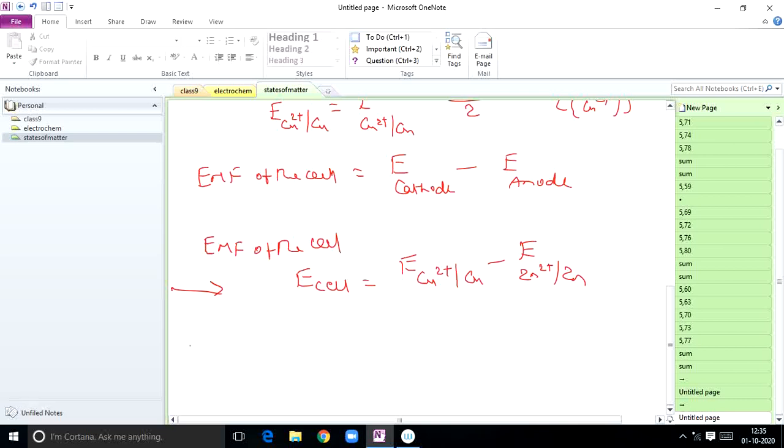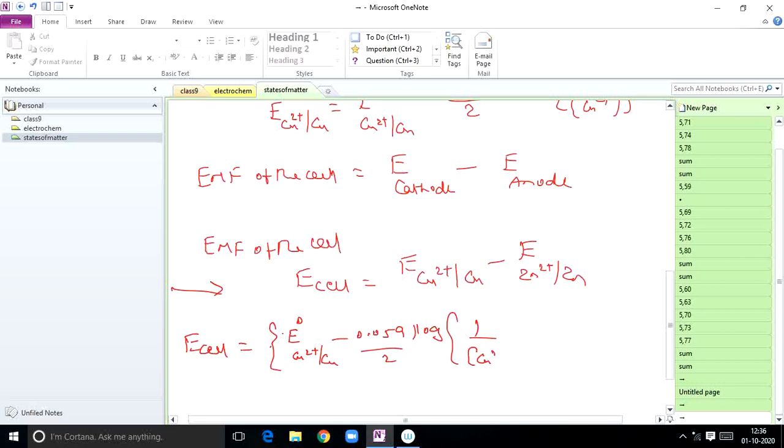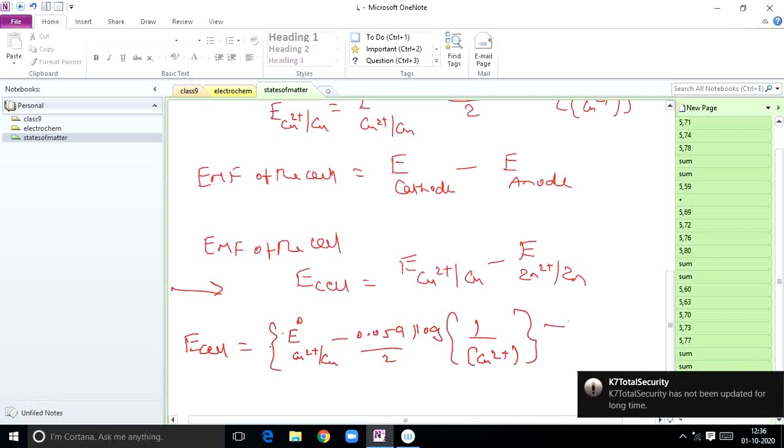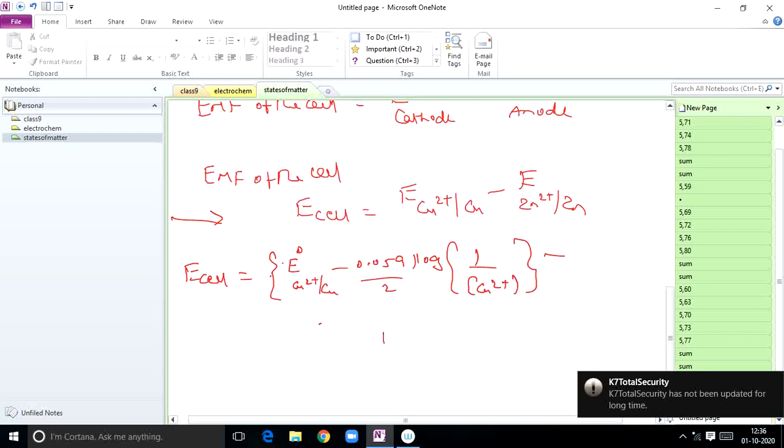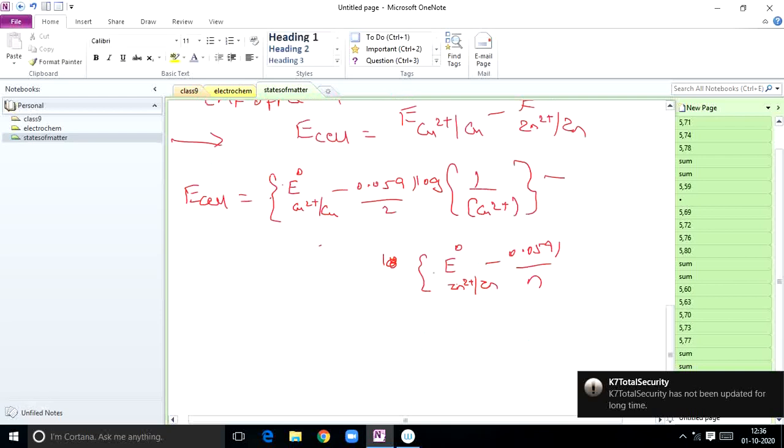So now if you substitute here, E cell is equal to, in place of the first equation, I can write E naught Cu2+/Cu minus 0.0591 by 2 into log of 1 by concentration of Cu2+, minus the big one, I am deriving students, minus E naught Zn2+/Zn minus 0.0591 by n into log of 1 by concentration of Zn2+.